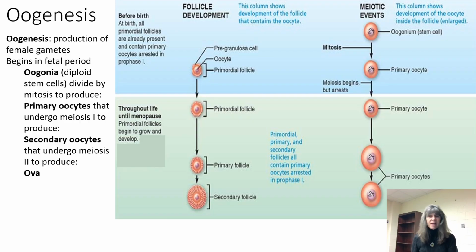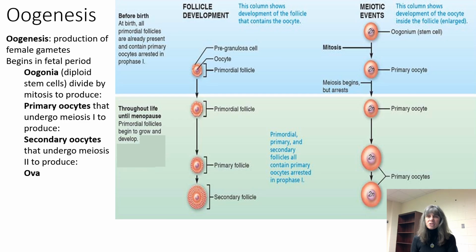Now understand that primordial, primary and secondary follicles all contain primary oocytes that are arrested in prophase 1. So if we look on the right side of this picture in this chart, we can see that we start with that stem cell, the oogonium.